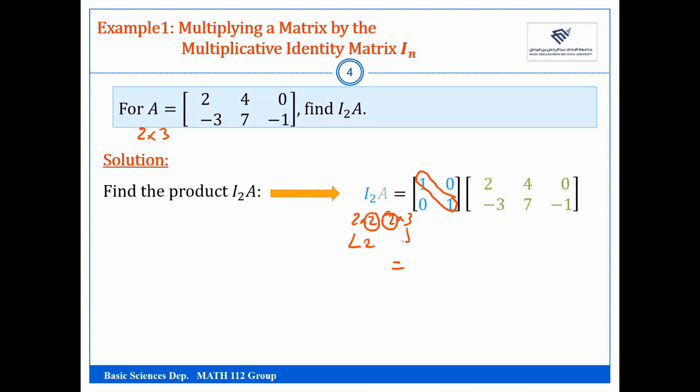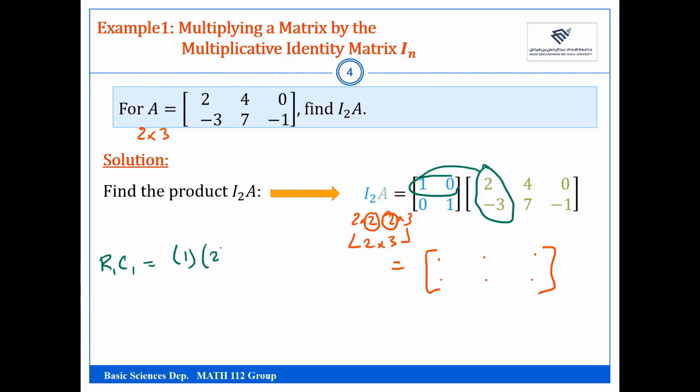Then 2 rows, 3 columns. The first element takes the first row by the first column. So we multiply: R1 C1, 1 times 2 plus 0 times negative 3 gives 2.